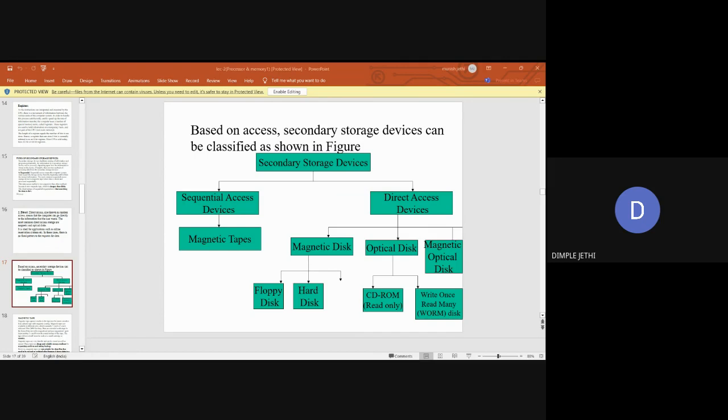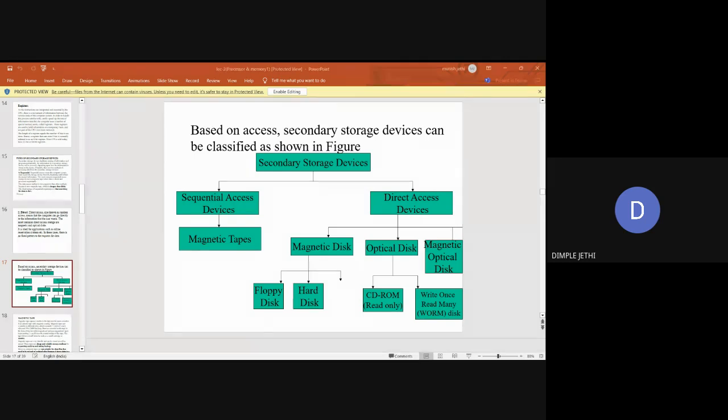Those magnetic tapes I was saying come under your sequential access devices. And what is your direct access device? Like we study about hard disk, your CDs, if you have seen in movies, where you can directly place the recorder at some place and it will start playing that song for you.